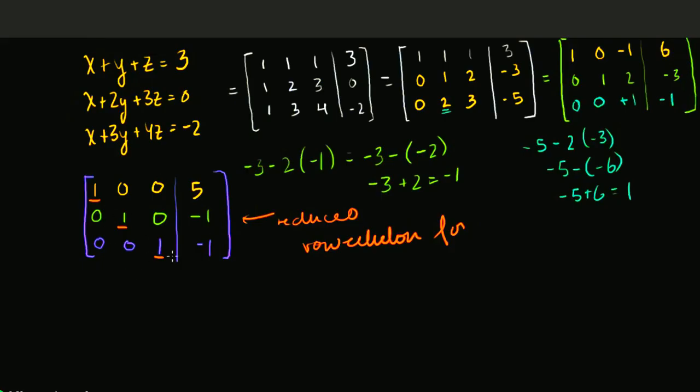So let's go back from the augmented matrix world and put back our variables there. So what do we get? We get x plus 0y plus 0z is equal to 5. That's that row right there. We get 0x plus 1y plus 0z is equal to minus 1.